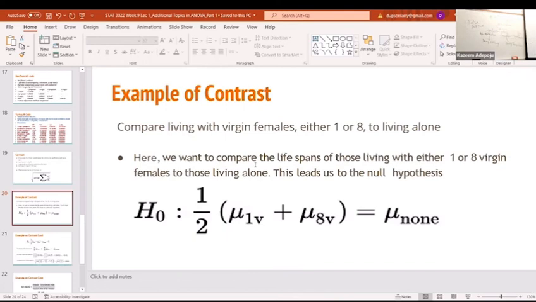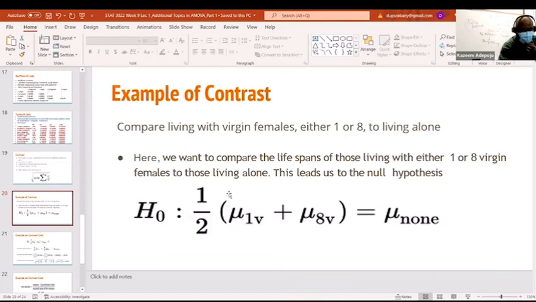But in living with virgin females, virgin female could be either 1 or 8, that means 2 levels, right? You now want to compare with living alone. This is a null hypothesis. It means you need the mean of the 2 of them for virgin, but different levels of virgin, half and half, and the other one, none, is going to be -1.